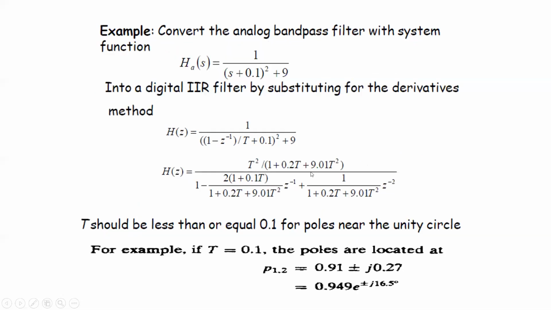Now what happens is this system, using this (1 minus z to the power minus 1) divided by capital T, was having two poles. When we converted from the analog domain to the digital domain, the number of poles remained the same.